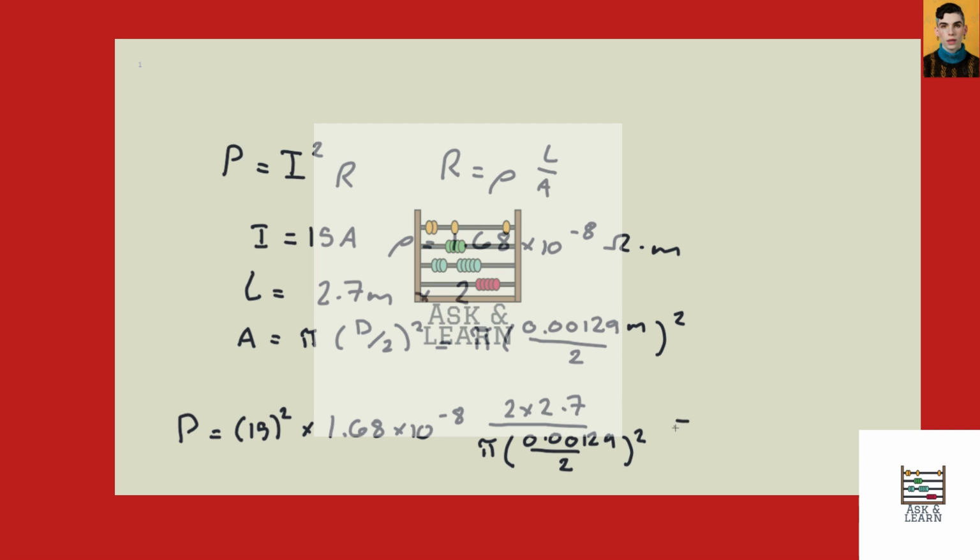And after plugging in all these numbers, we should find that the power dissipated is about 16 watts. Here I'm using two significant figures because that's the number used in the problem.